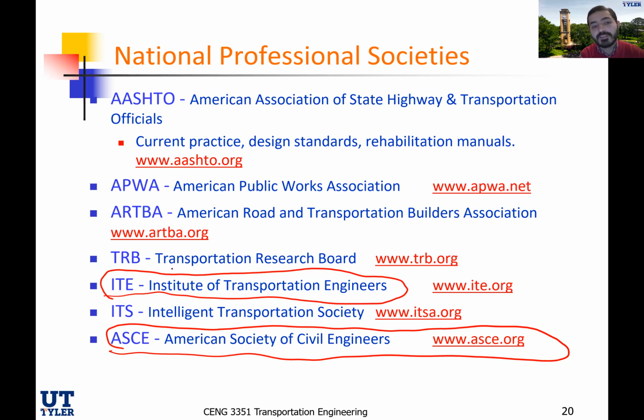Another one of my favorites, which is actually happening as I'm talking to you because of COVID, since I'm not traveling to Washington, D.C. this year, is TRB, Transportation Research Board. It has an annual meeting. It's a big conference every year. About 15,000 people gather in Washington, D.C. from across the globe every year, the second week of January, to discuss the up-to-date research outcomes that have to do with transportation.